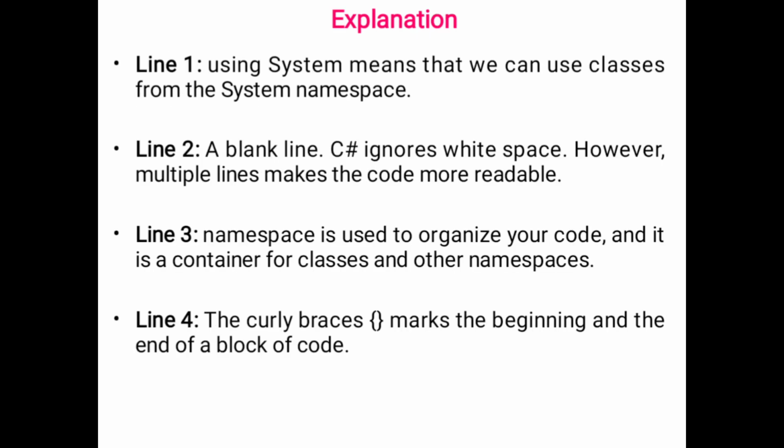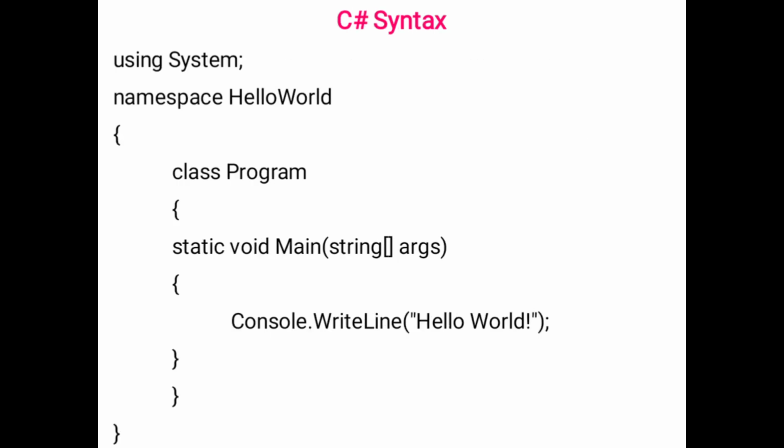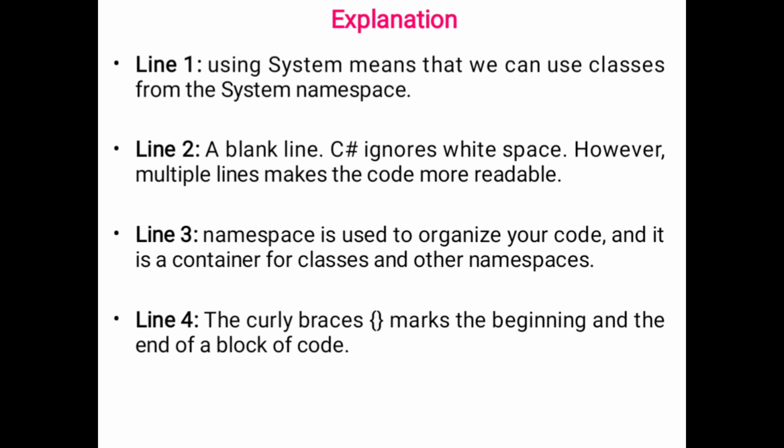In the next part, we explain every line in the basic C# program. The first line, using System, means that we can use the classes from the System namespace. The second line is a blank line; C# ignores white spaces.